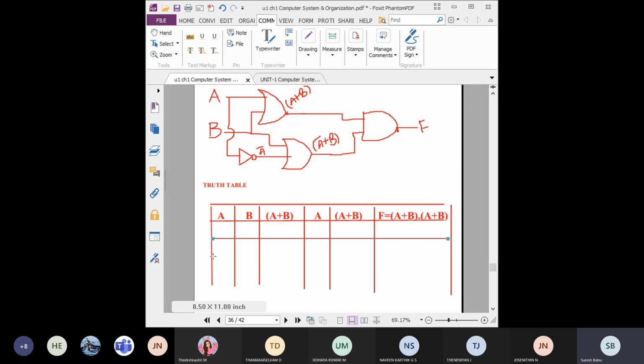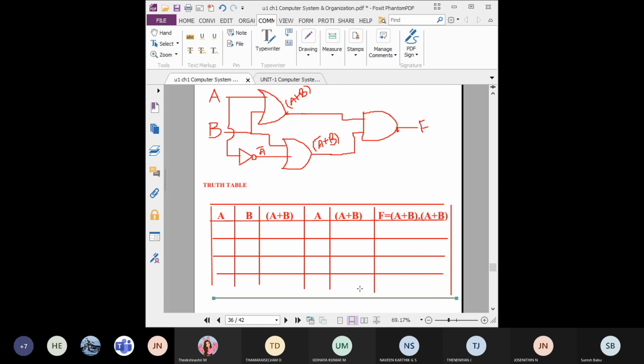Two inputs means we will get four possibilities. So you draw a tabular column like this in your exam paper. Then A bar we have to find, so you have to draw a column for A bar.